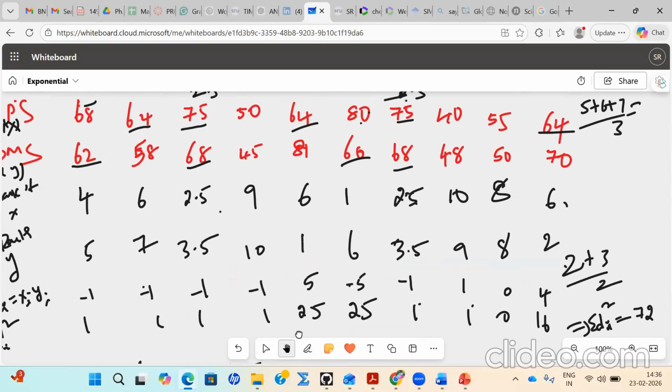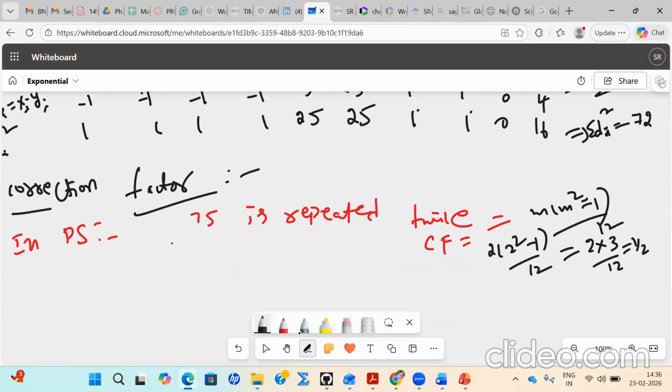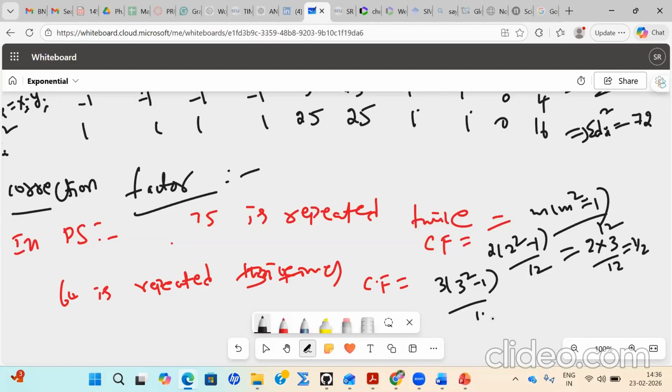After 75, 64 is repeated thrice, or 3 times, you can write simply. Therefore CF is 3 into 3 square minus 1 by 12. So that is 3 into 3 square minus 1, which is 8.